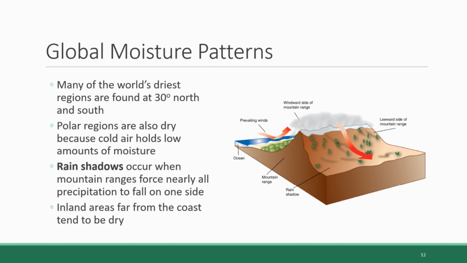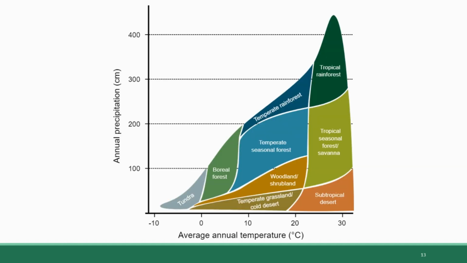When you take these two things together, moisture and temperature, there are certain trends that are observed in the distribution of biomes across the world, in terms of a specific moisture level and a specific temperature level tending to yield a certain biome. In this figure, we have the average annual temperature plotted on the x-axis and the annual precipitation level plotted on the y-axis.